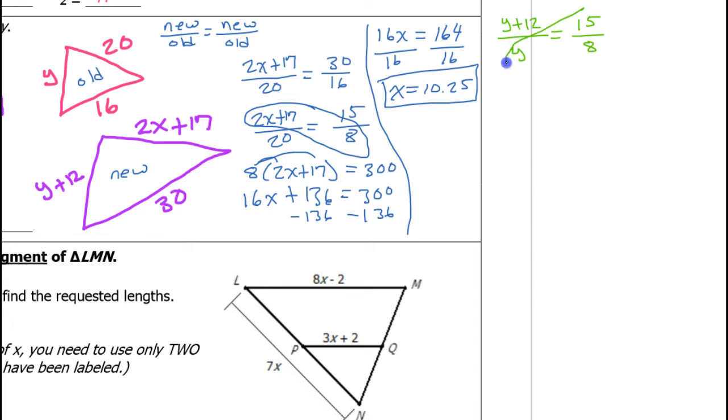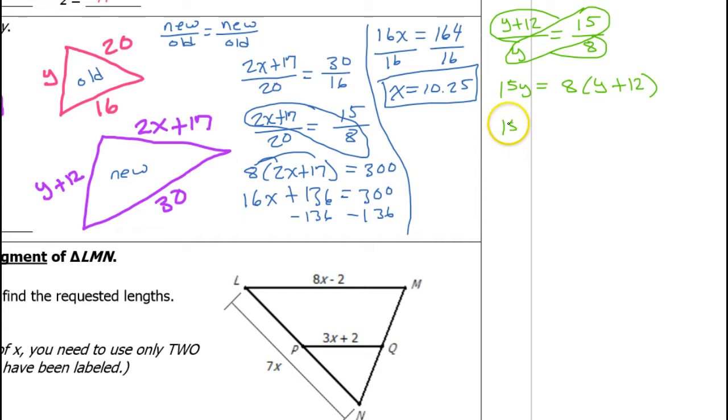If I multiply this diagonal, I've got 15y. Now if I do this diagonal, I have to do 8 times y plus 12.